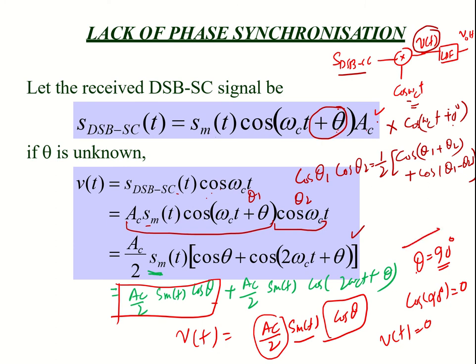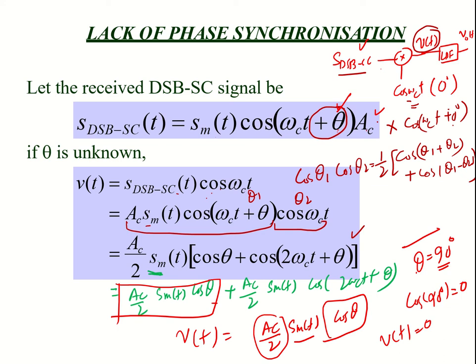If the phases are not synchronized, the carrier phase is 0 and this signal has a phase shift of any value, and if this phase difference is 90 degrees, you will get no output signal. Although you have a modulated double sideband input signal, there will be no output signal.